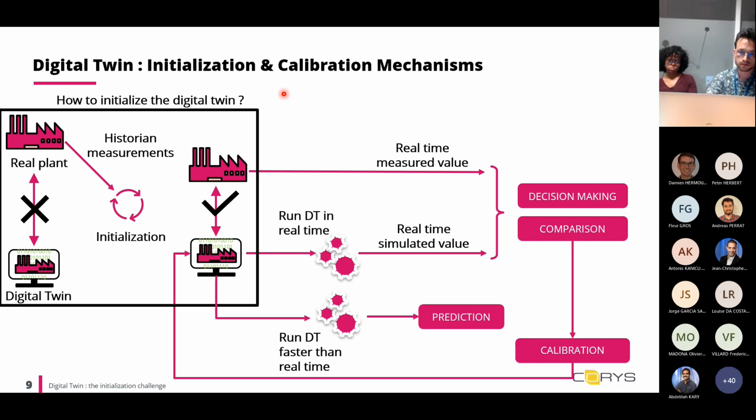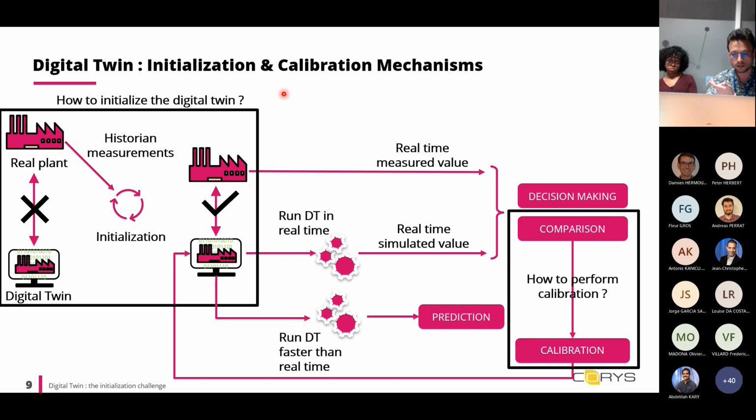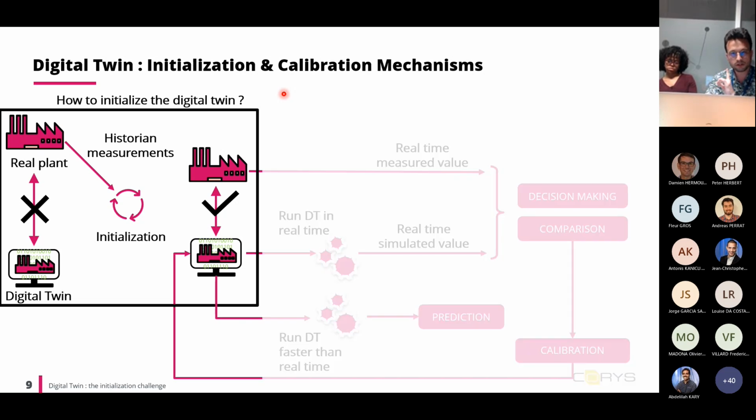The one I've already spoken about is the initialization challenge. How do we do this? And the second one is how to perform the online calibration. For this presentation, we are only going to focus on the initialization challenge. Actually, with Luis, we are also working on the other one, but it is not the topic of today.